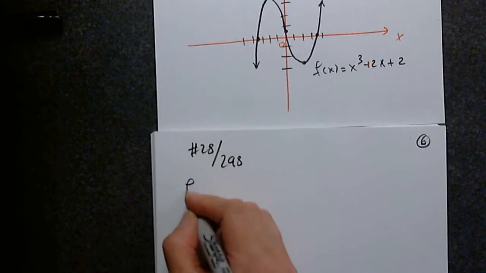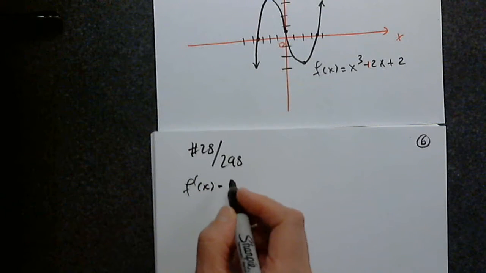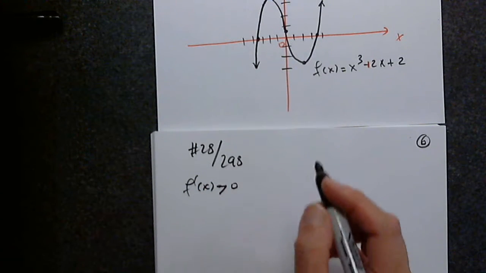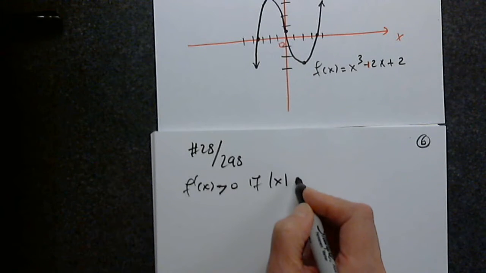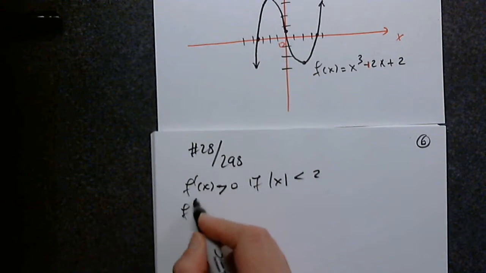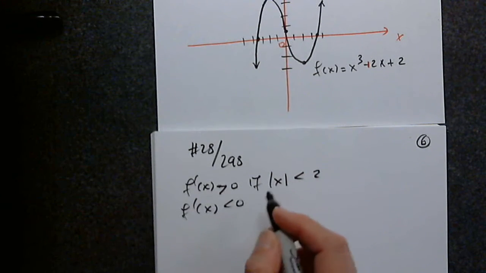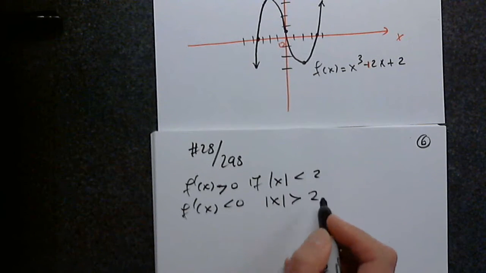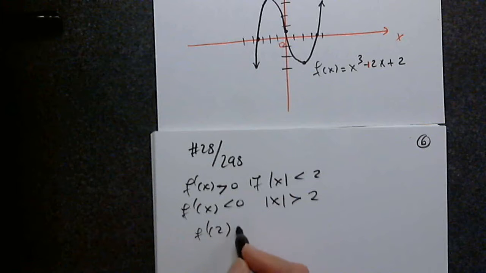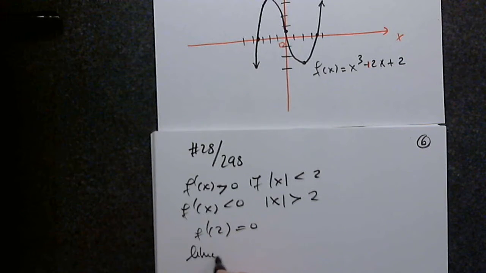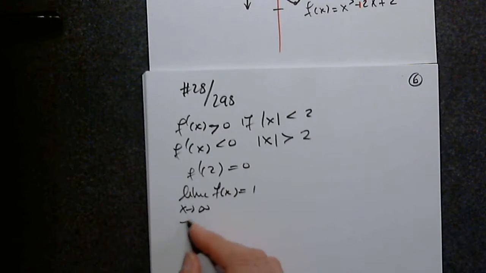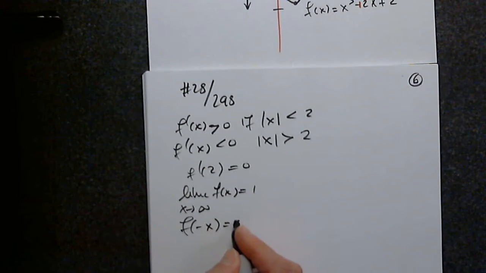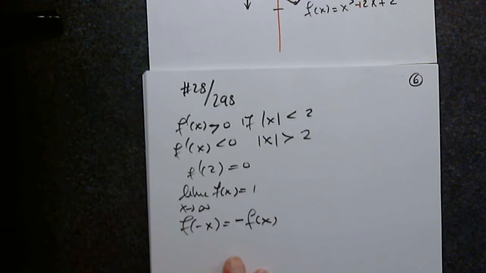So we have f prime. It will take me 15 minutes to just write the information down. I'm kidding. So f prime of x is less than 0 if the absolute value of x is greater than 2. f prime of 2 is 0. Limit of f of x as x approaches infinity. f of negative x equals negative f of x.